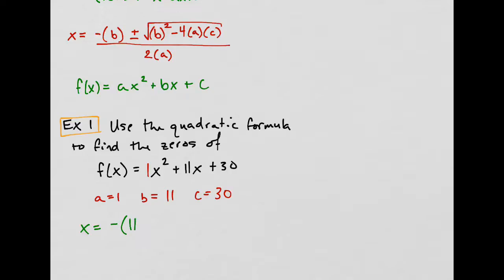So negative 11, plus or minus the square root of b squared, so that's 11 squared, minus 4 times a, which is 1, because that just says a right there, so it's times 1.